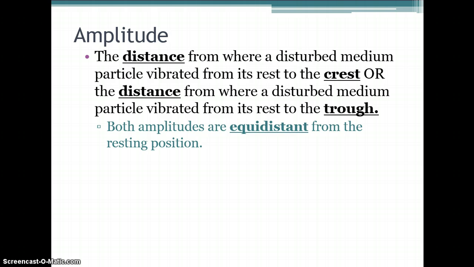Amplitude is a distance. It can either be the distance from the rest position to the crest, or the distance from the rest position to the trough. And both of those distances are equal to each other as the energy wave moves through matter.